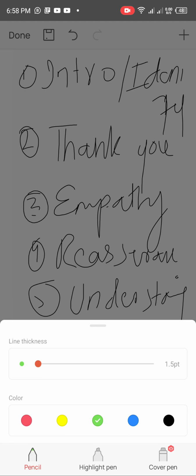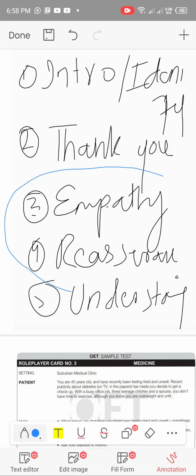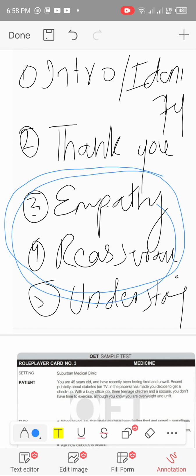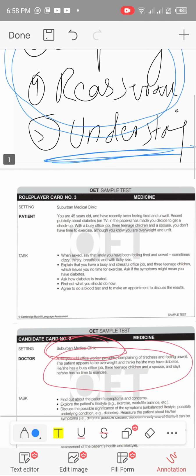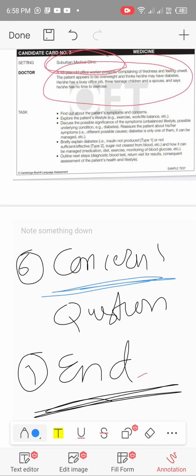is that you show the empathy and reassurance. Okay, then you check the understanding of the patient as you proceed in your OET speaking, your Q card. And then you check about the concerns or the questions, and then a proper ending.